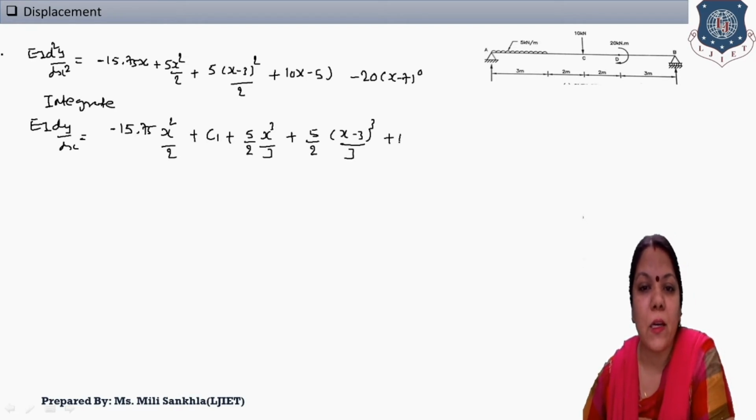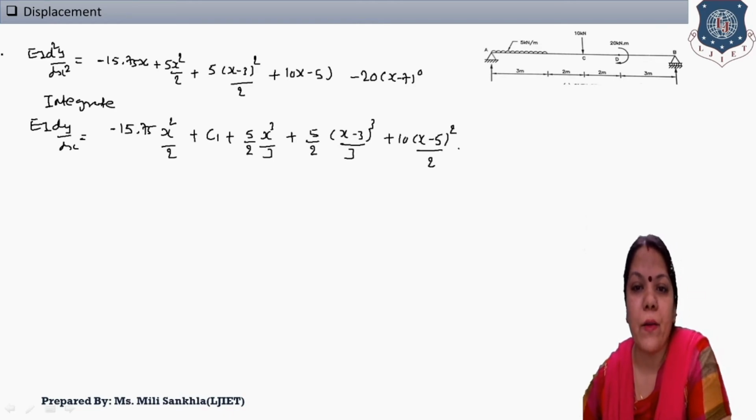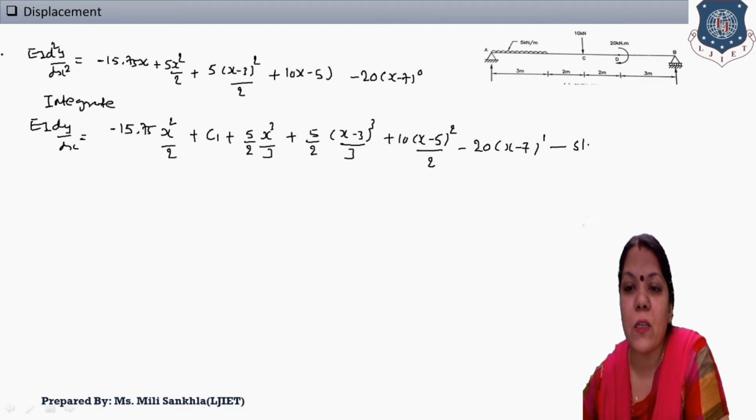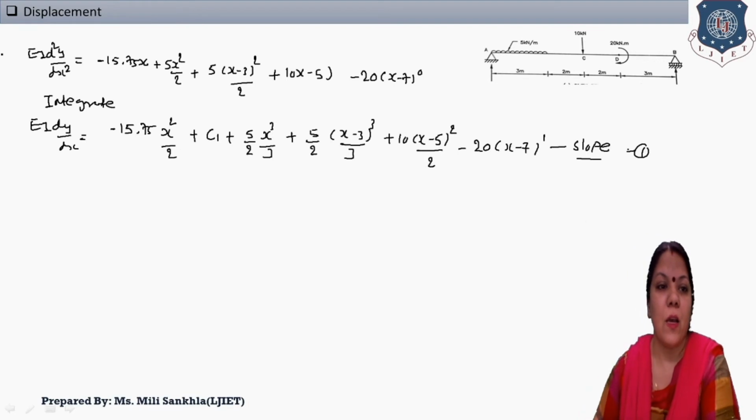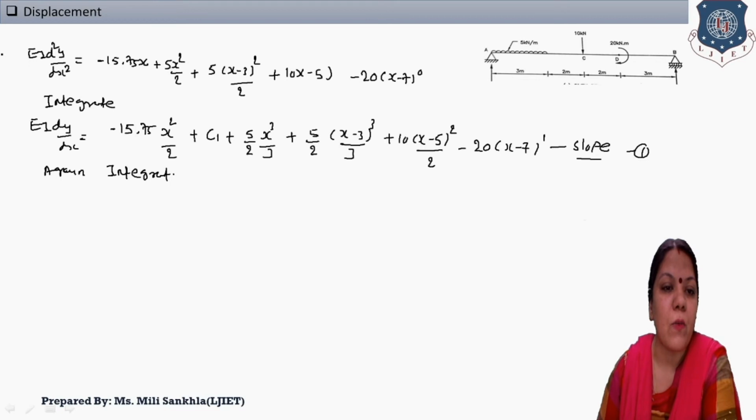Next 10 (x − 5)² by 2, and 20. What is the integration of (x − 7)^0? That is (x − 7)^1. This equation is the equation of slope, and this is our first equation.